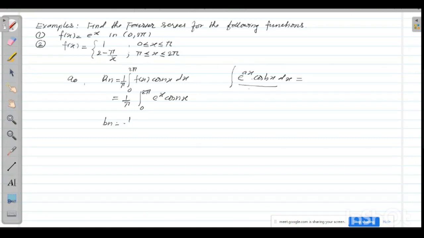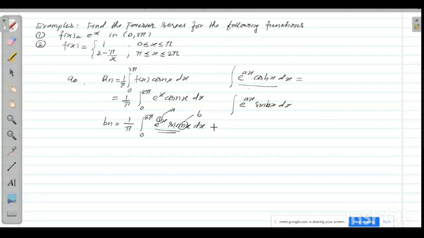For bn, what do you have to write? 1 upon pi, integral from 0 to 2 pi of e raised to x sin n x dx. Here again you will use the standard formula of e raised to ax sin bx dx.